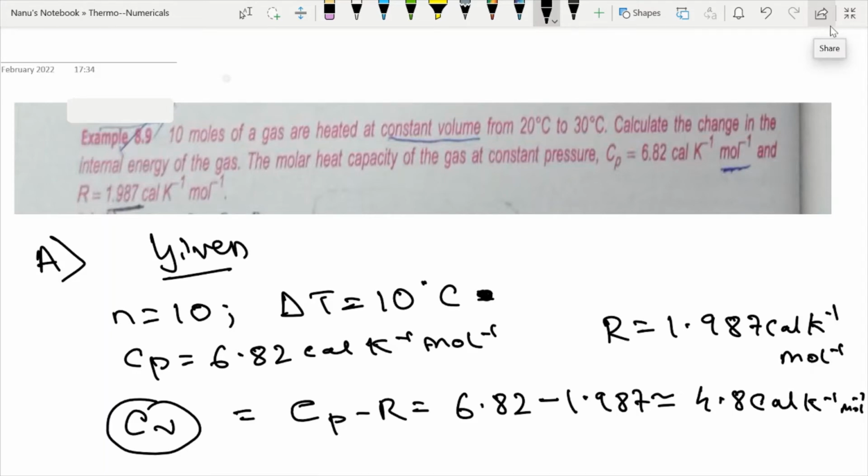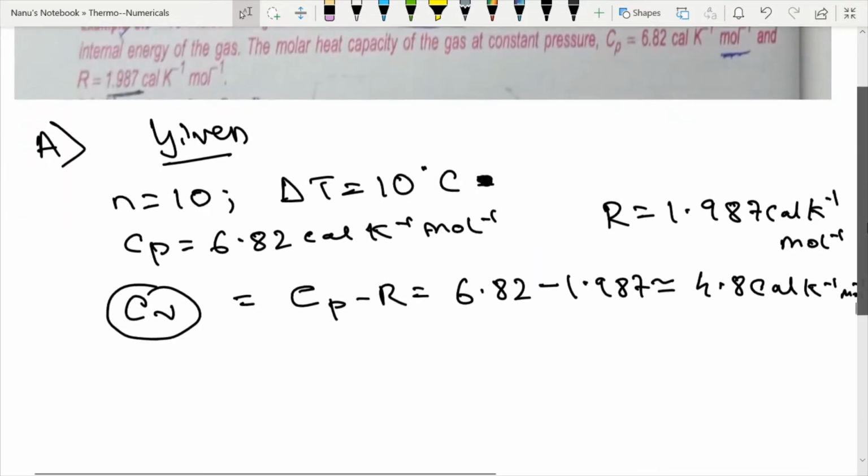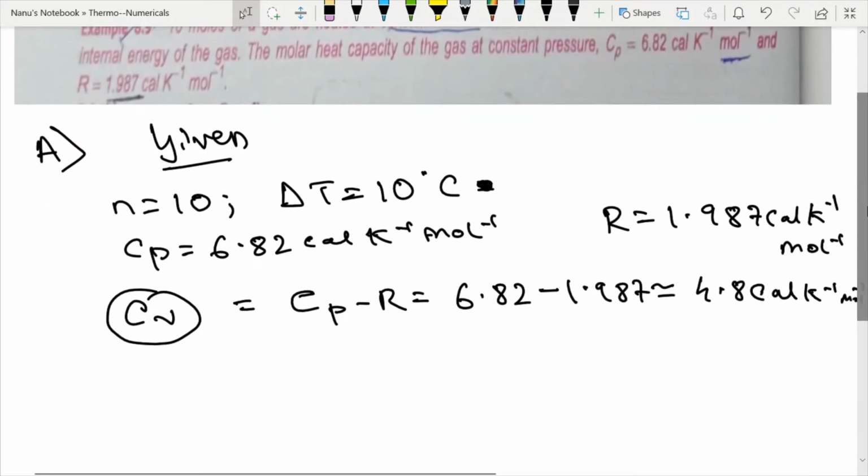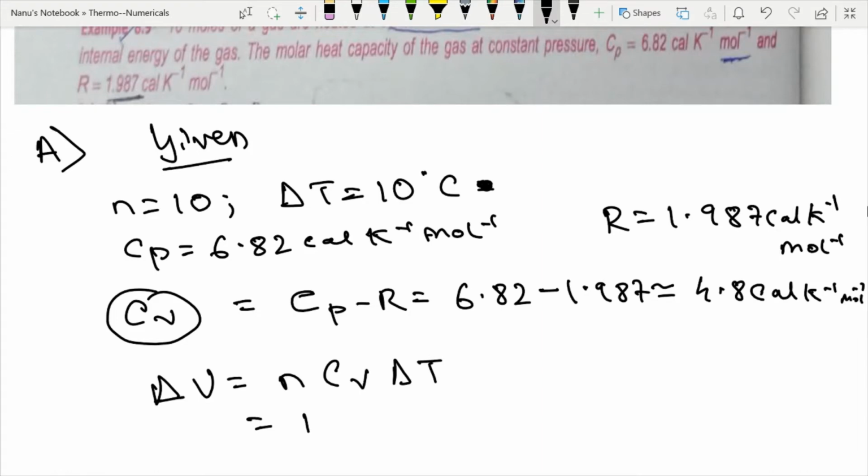Calculate change in internal energy of the gas. We need to find del E. So in the last video I have told you this formula of internal energy del U or del E, whatever is given sometimes. So del U equals N Cv del T, right? And N is given 10, Cv we know 4.8, and del T, what is del T? 10 degrees Celsius or 10 Kelvin.